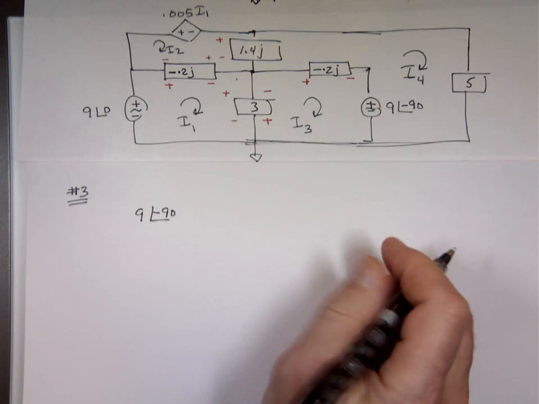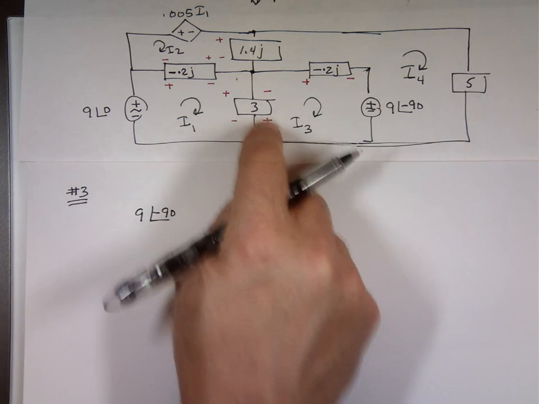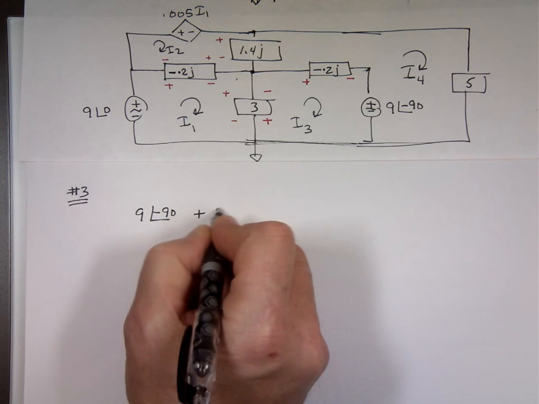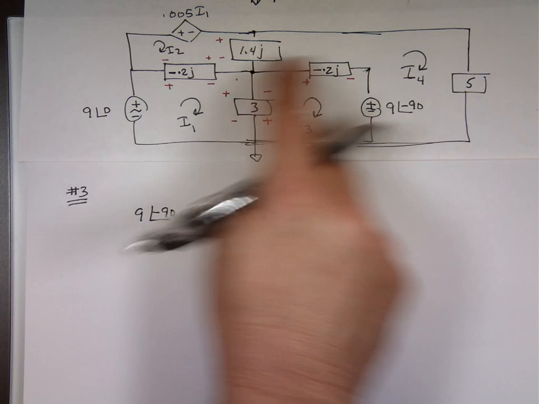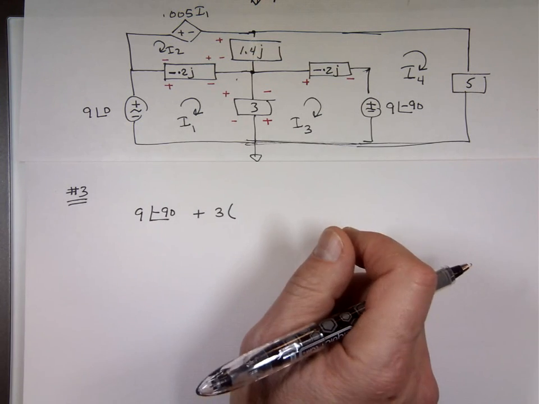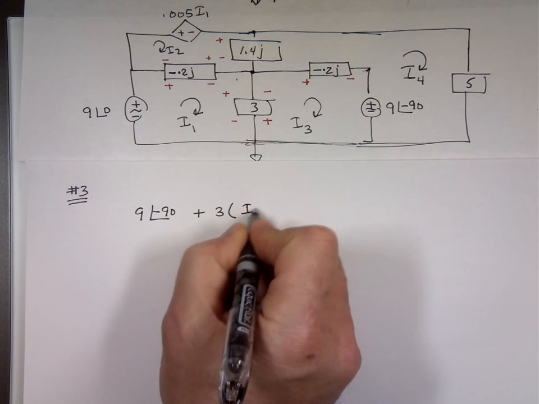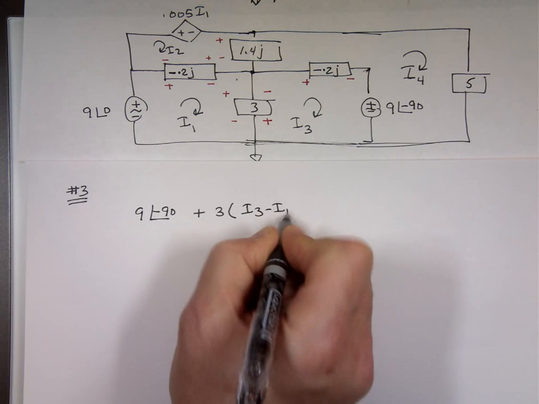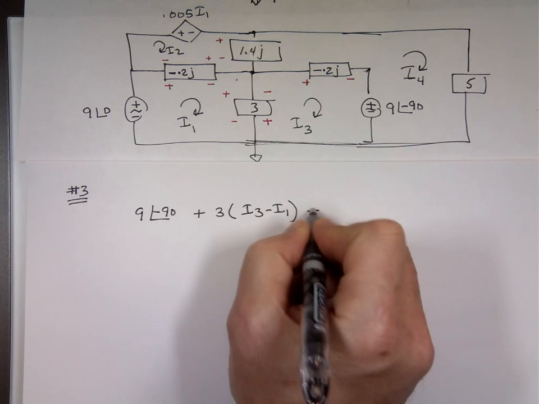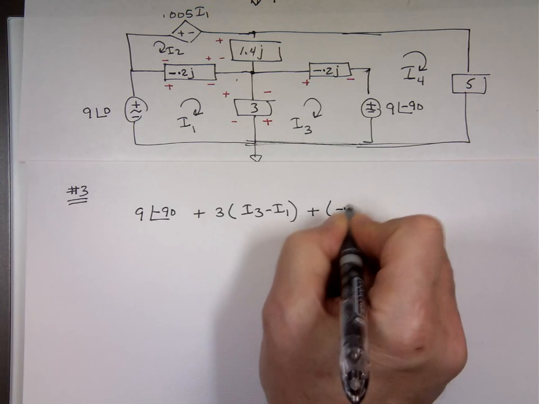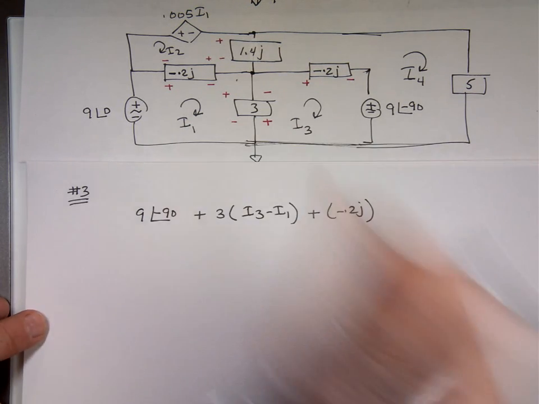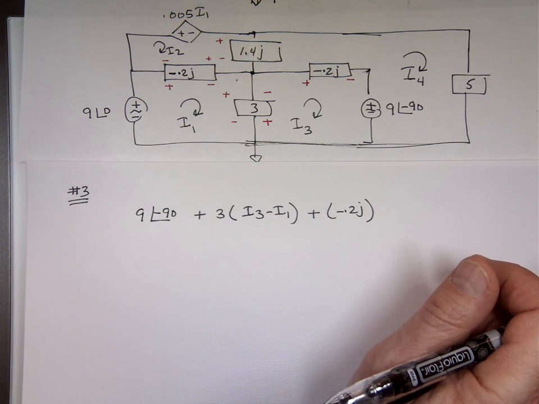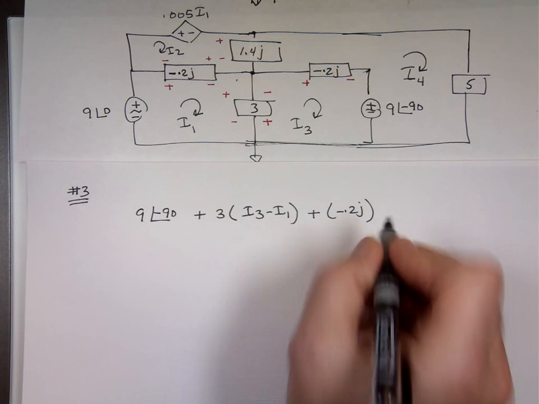We're going to enter this, that's plus 3 times the current going up. We're traveling clockwise, that's going up. I sub 3 minus I sub 1. Plus the negative 0.2J. What's the current going to the right? I sub 3 minus I sub 4.